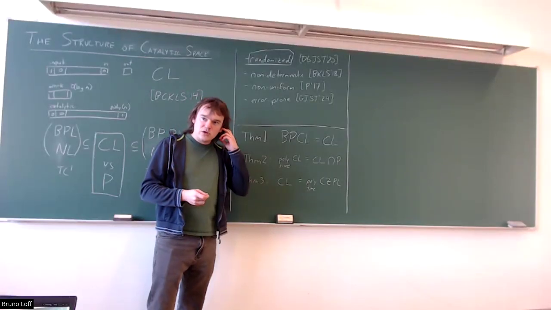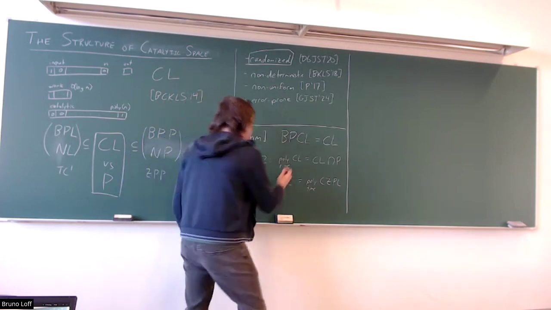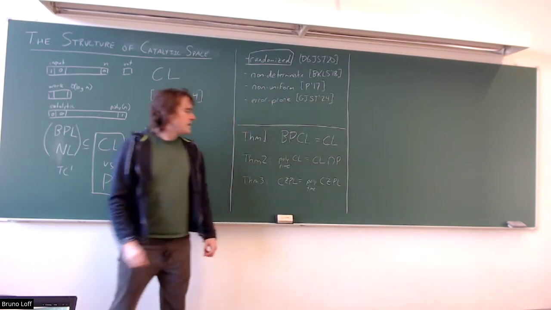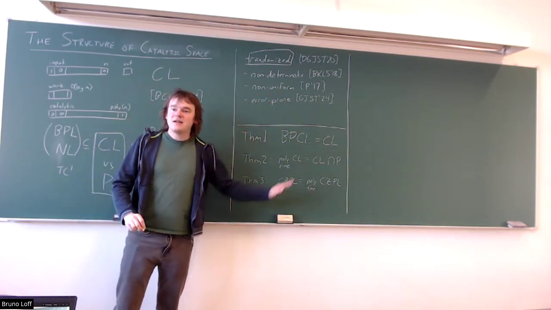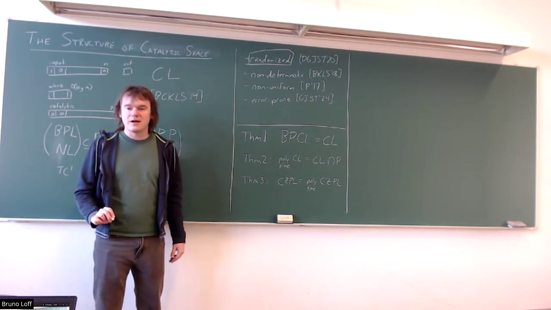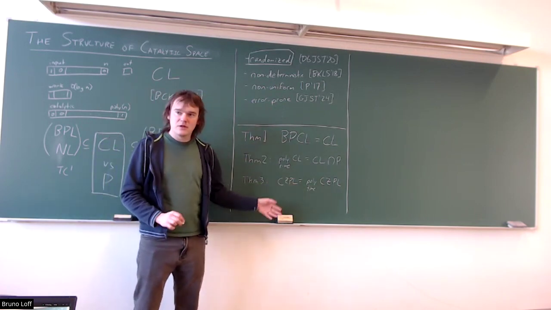Notice a consequence of this, and maybe a more evocative way of writing it, is that for randomized catalytic space, I can enforce a polytime run bound with no loss of generality. And if this were true for the deterministic world, then we'd be done.